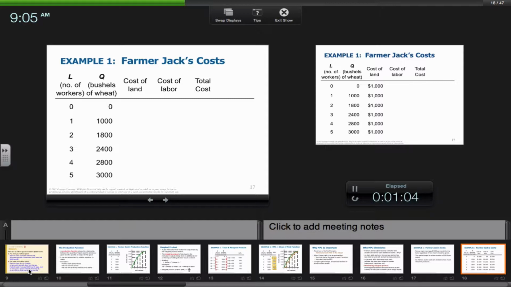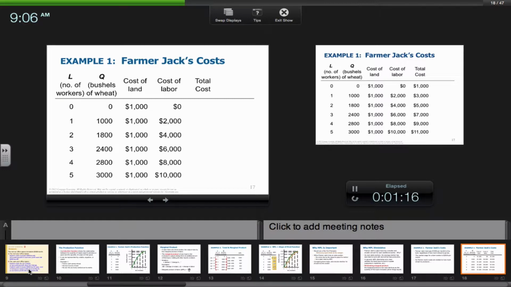Let me explain. I know. Let me explain. I didn't say how it was related. I said it's related. Okay? Regardless of how much he produces, how many bushels of wheat he produces, his land cost is fixed.